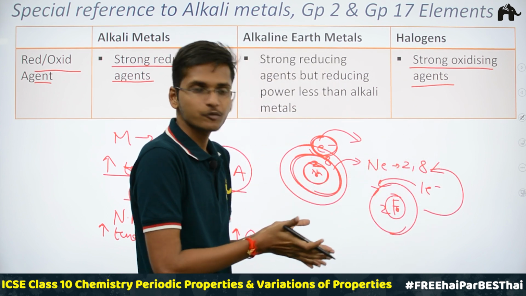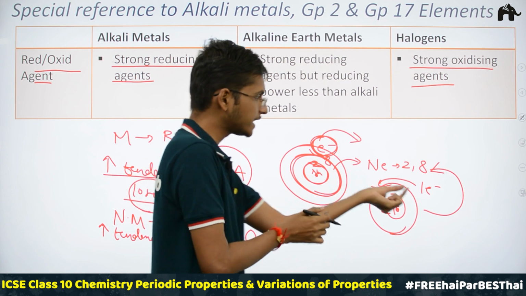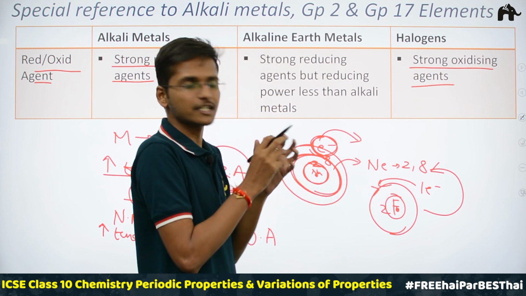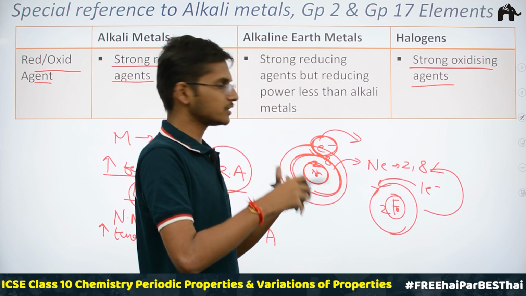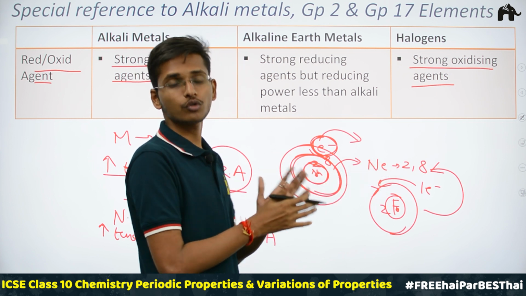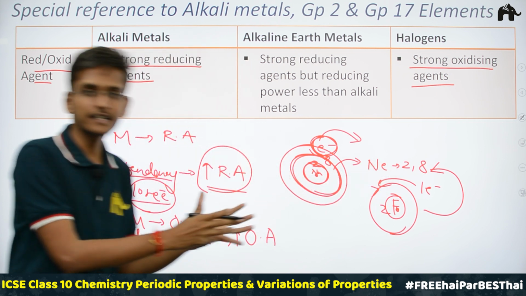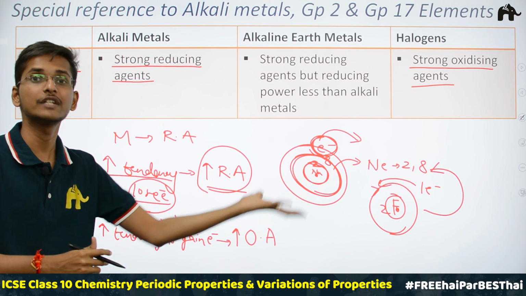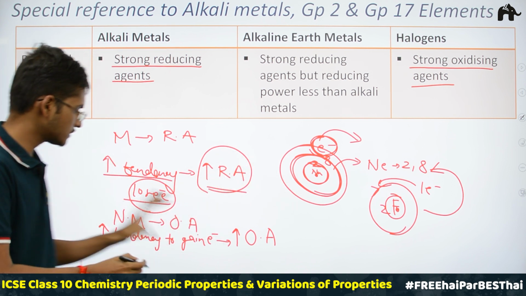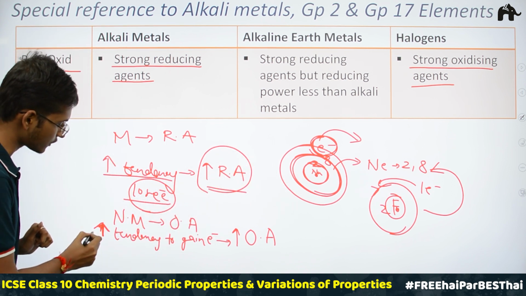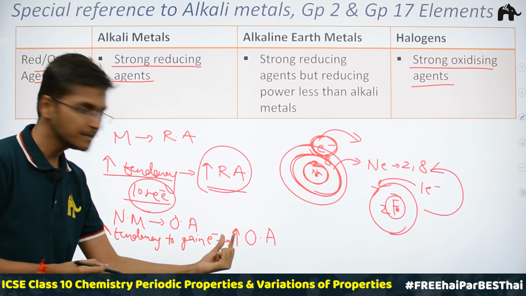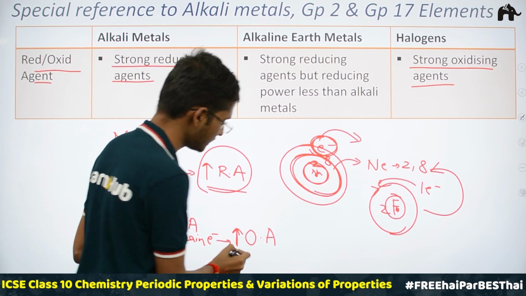So it becomes stable by gaining one electron. That's why it wants that one electron, so it has a very high tendency to gain the electron. Since it has a very high tendency to gain electrons, it behaves as a strong oxidizing agent.